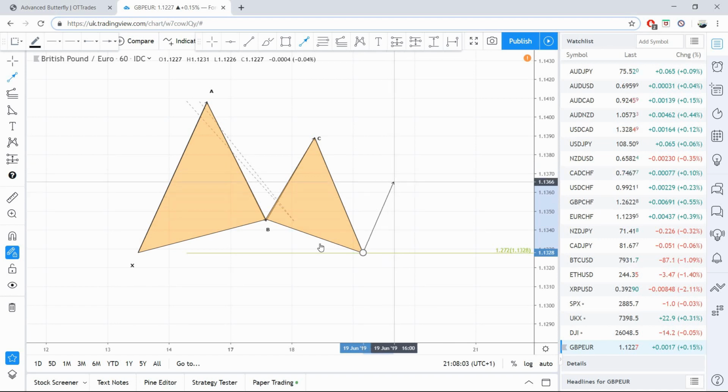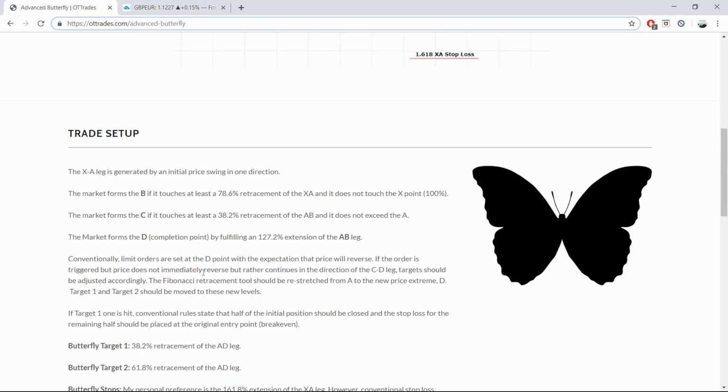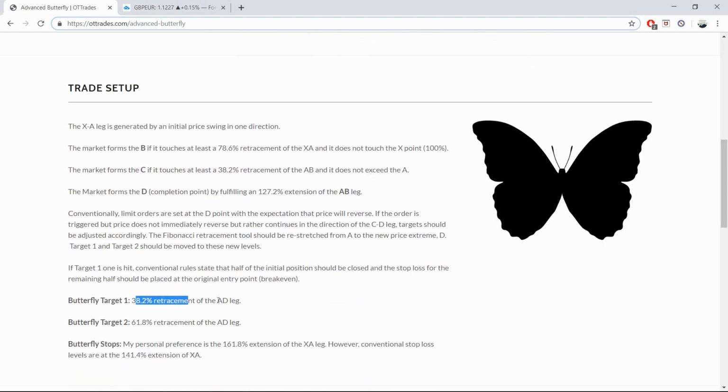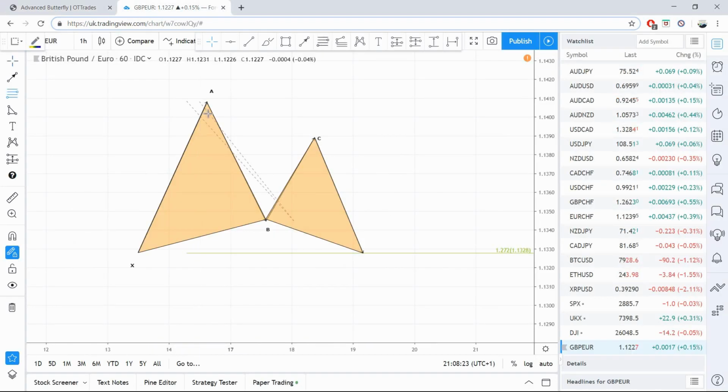So we're looking for a move up in this case, or a bullish move, price to move higher. So we would set limit orders at this point, and we would set our targets at the 382 of the A to D leg, and the second target's at the 618 of the A to D leg.